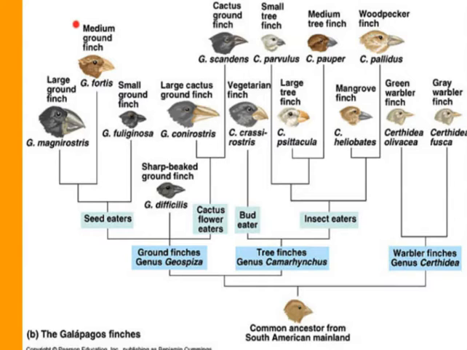theorized that all these species of finches, and for birds, it's not that hard for them to colonize an island, right? They can fly over. Some of these other animals, like the iguanas and the tortoises, had to make their way over to those islands by natural rafts, trees falling over, branches, that kind of thing. But the Galapagos Islands are like 500 miles to the west from South America.